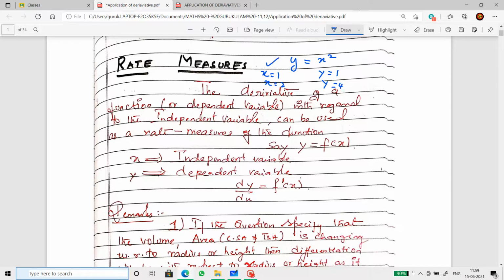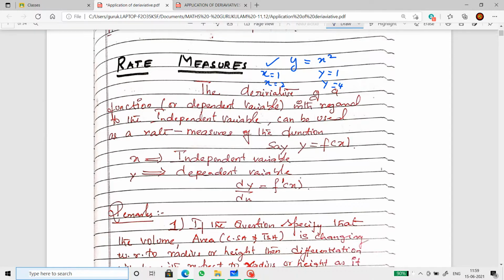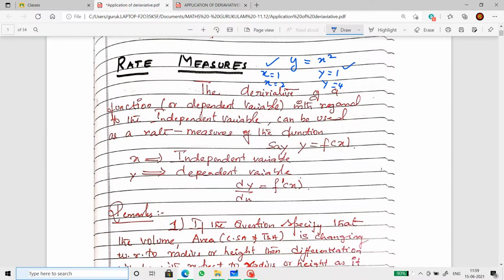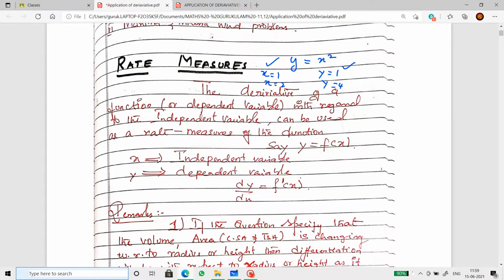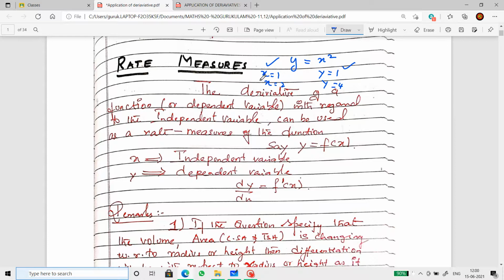So x is called the independent variable and y is called the dependent variable because y changes with respect to x. So dy by dx is the rate of change of y with respect to x. Rate of change of y with respect to x is f dash of x.